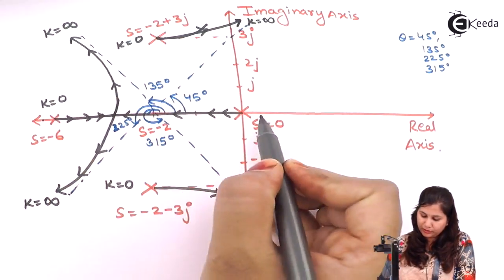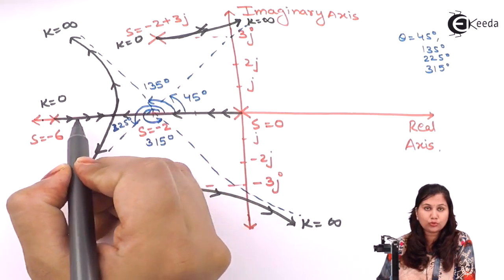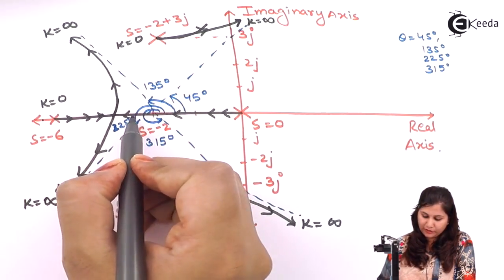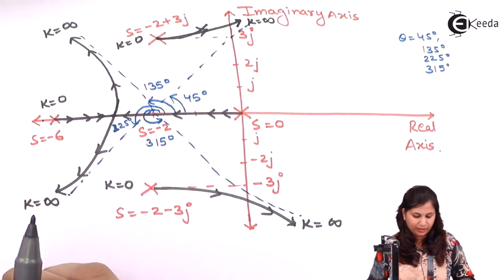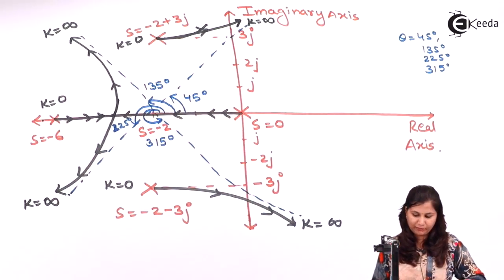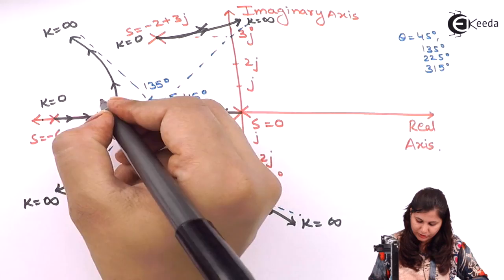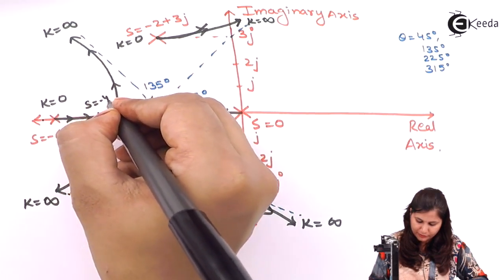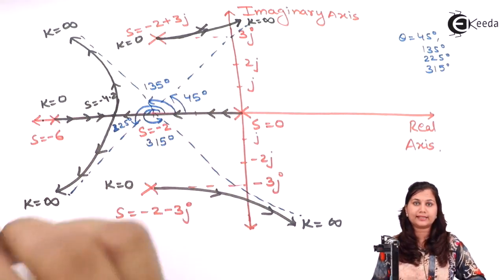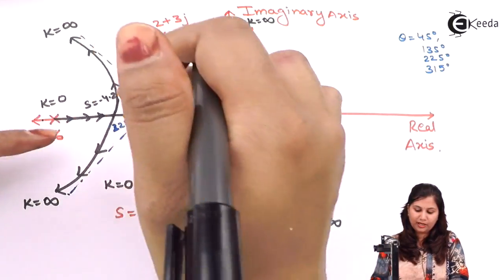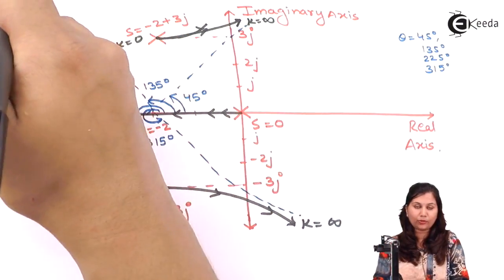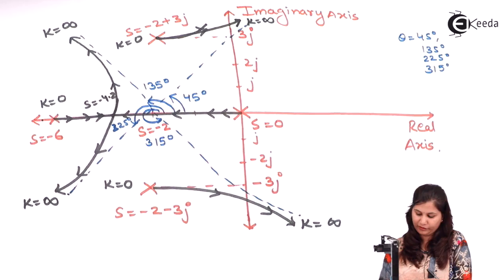So for this pole we are having two branches of the root locus, so they will break at this point. Now breakaway point, we were having -4.2, so this is s equals to -4.2, that is the breakaway point where the branches of these, they are coinciding, and then they are going towards k equals to infinity.